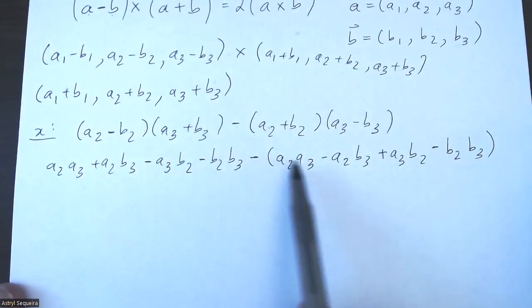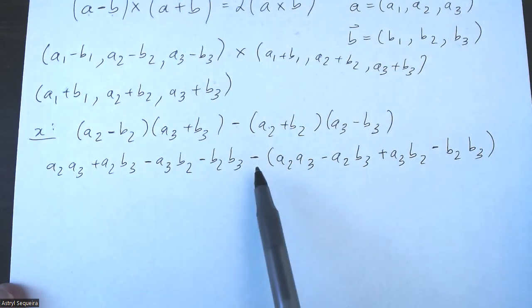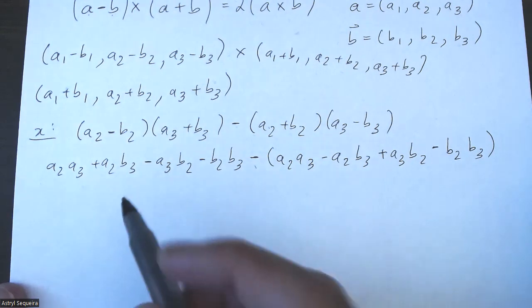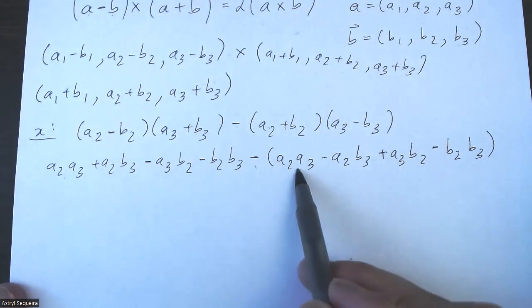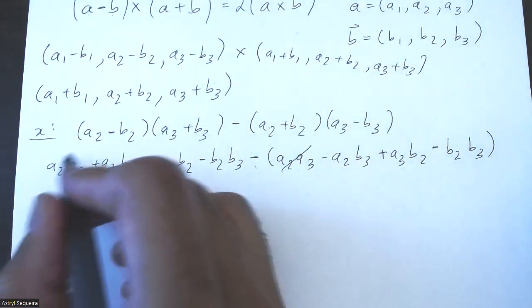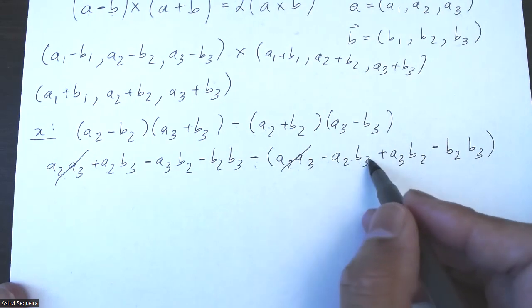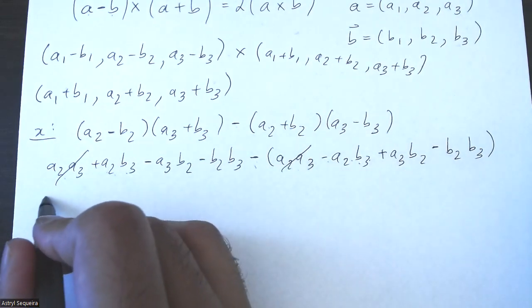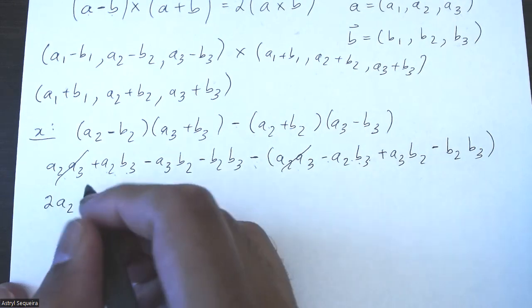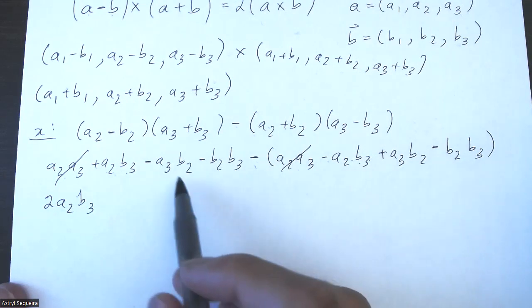And finally, I'll distribute this negative and combine like terms, but I'll do it all in one step to make this problem more efficient. Otherwise, the problem's going to take a lot of space, and you might not even complete it. So A2A3 minus A2A3, these two will cancel. A2B3 minus negative A2B3, that's A2B3 plus A2B3, which is 2A2B3.